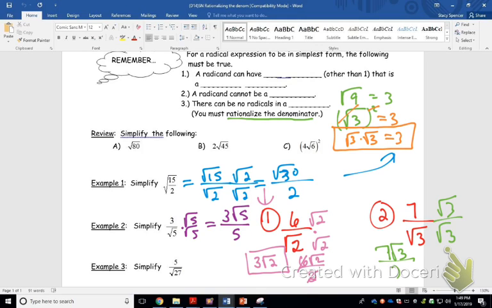Over 3. And that one we can't divide 7 by 2 or reduce, so that one you just leave. And remember, this 3 and this 3 are two different types of numbers. This is irrational, and this is a whole number.